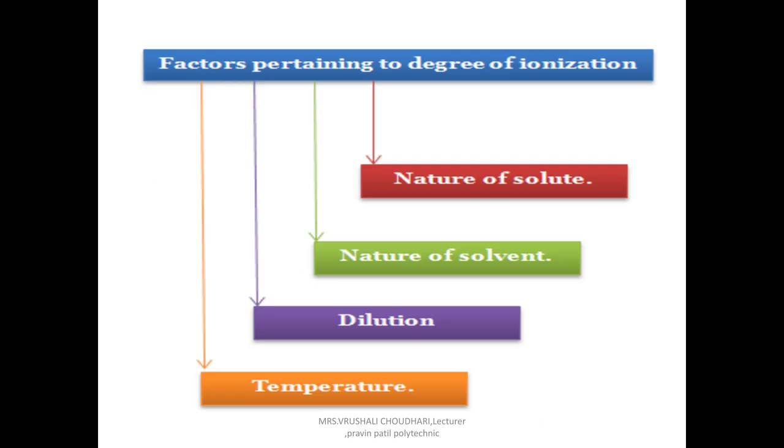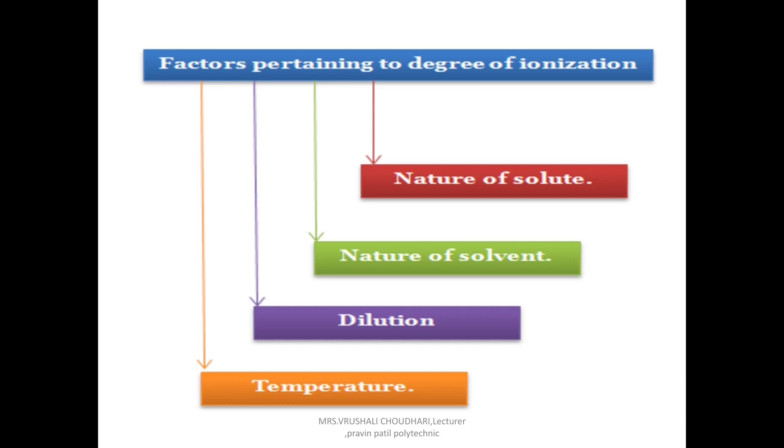The factors which determine the degree of ionization, that is, how much cation and anion form. Some factors affect it, like the nature of solute. If there is a strong acid or strong base, the number of cations and anions increases. Similarly, nature of solvent means in which solvent, which medium, we are dissolving the solute.